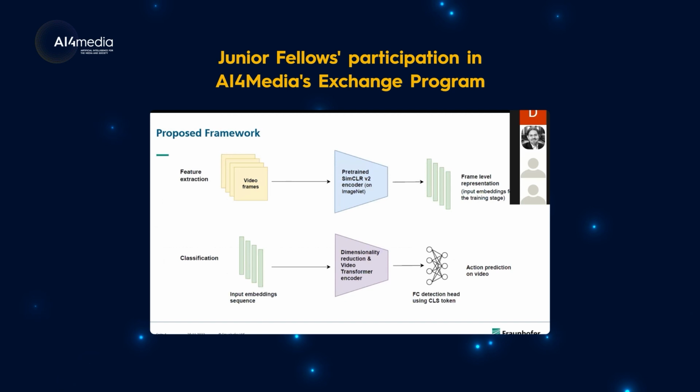This is the overall look of the proposed framework. It has two main stages. The first stage is the feature extraction, which is not a trainable stage. It does not need training, basically. A number of frames from each video are sampled, and this number we determined as part of the ablation study.